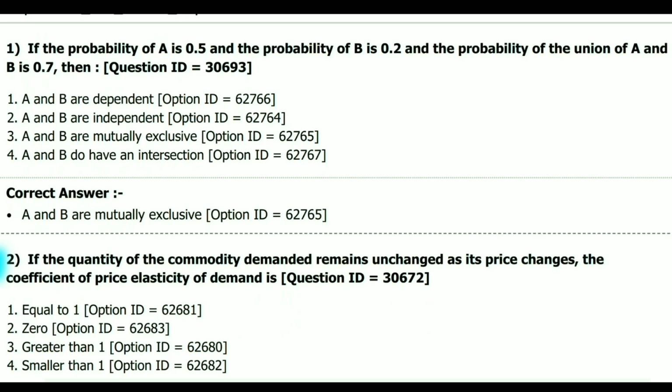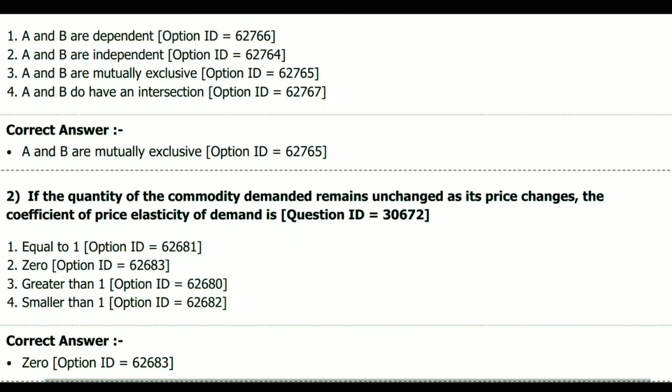The next question: if the quantity of commodity demanded remains unchanged and its price changes, the coefficient of price elasticity of demand is, the options: equal to 1, 0, greater than 1, smaller than 1. And the answer is 0.